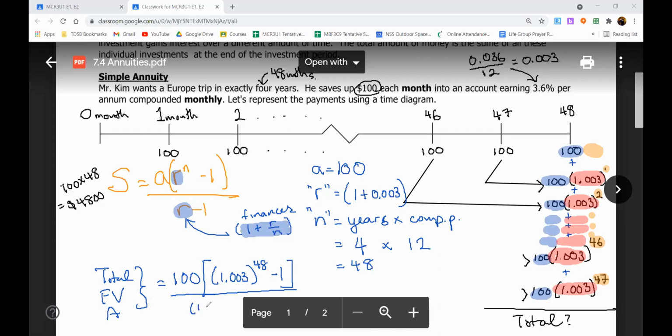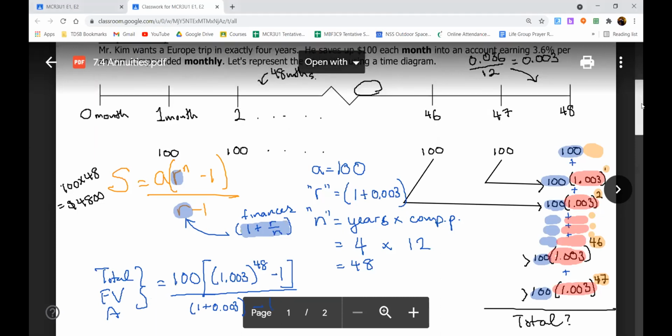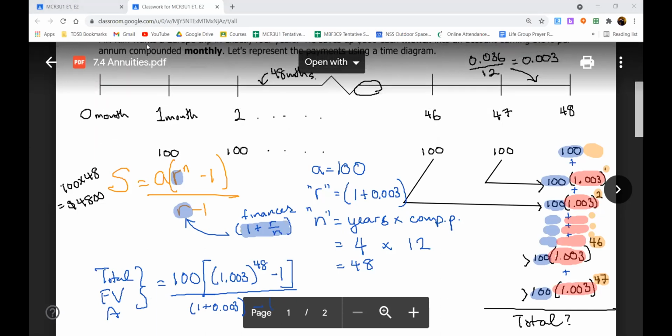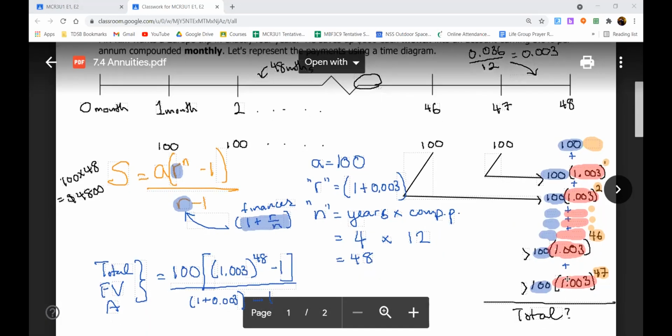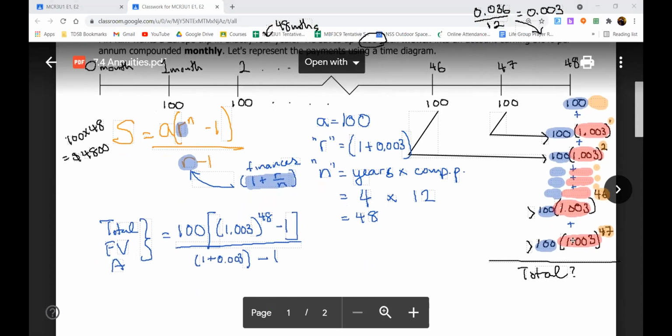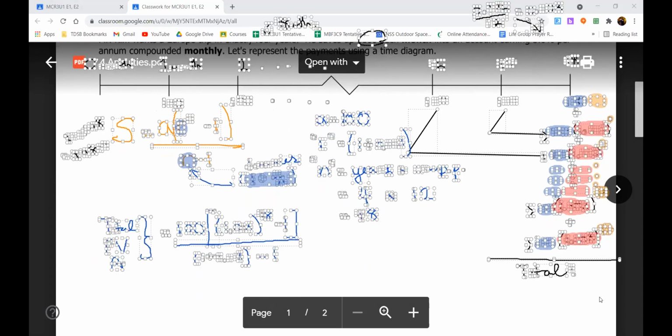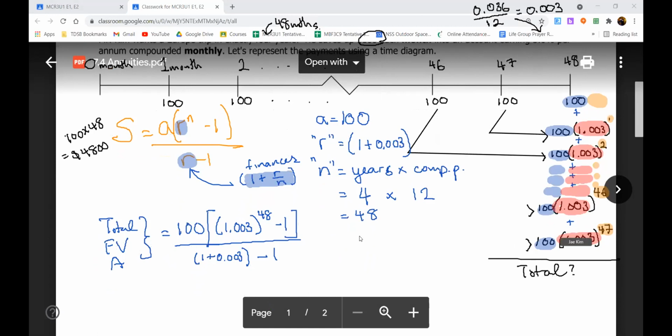I'm going to write it as 1.003 minus 1. And you might notice also that the ratio has 1 plus 0.003, and I have to subtract by 1 anyways.